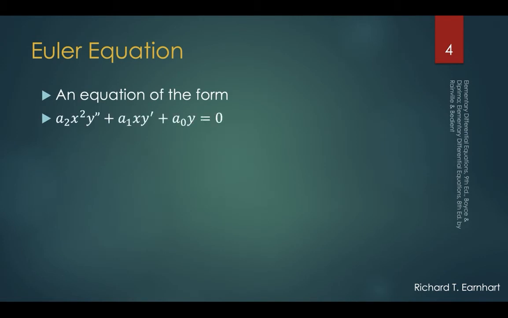Any equation in the following form is called an Euler equation. So this is a homogeneous linear equation with variable coefficients. We have x squared here, x.